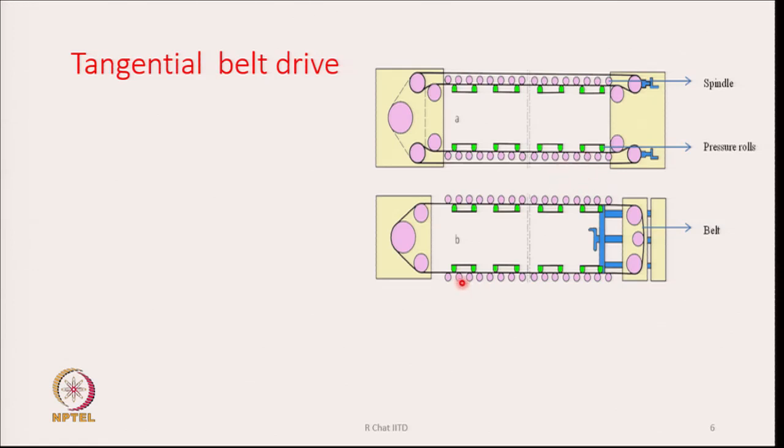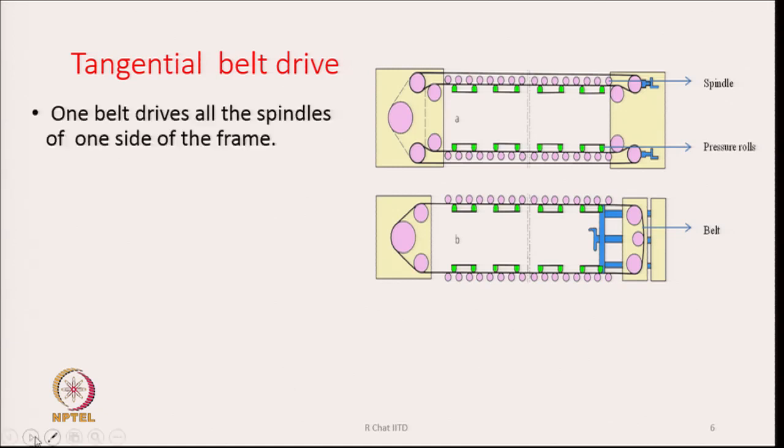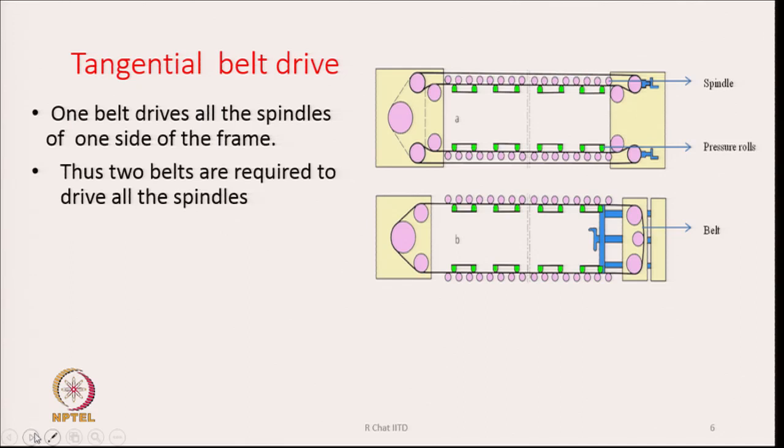You see that the tape is in contact with the whorl, and the contact is not really 90 degrees, it is less than that, and as we press the tape we make sure there is intimate contact between the belt and the whorls. One belt drives all the spindles of one side of the frame, thus two belts are generally required.